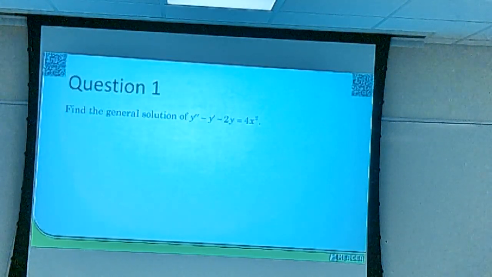And so, find the general solution. The first step is to find the complementary function.